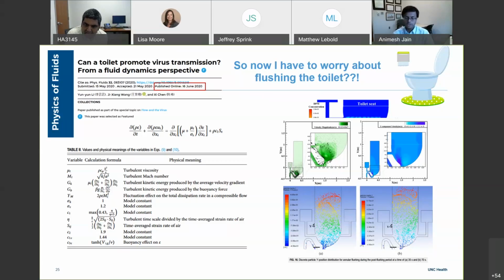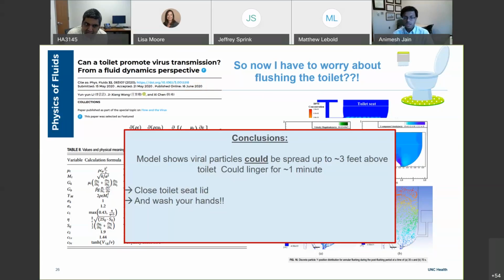So they actually flushed a toilet or multiple toilets, put model particles in them and measured how high they went. And what they concluded is that viral particles theoretically could spread up to 3 feet above the toilet bowl and could linger in the air for up to a minute after you flush the toilet.